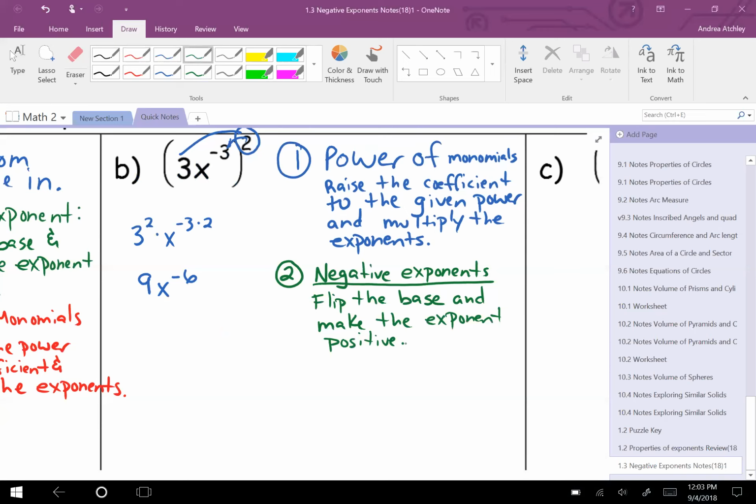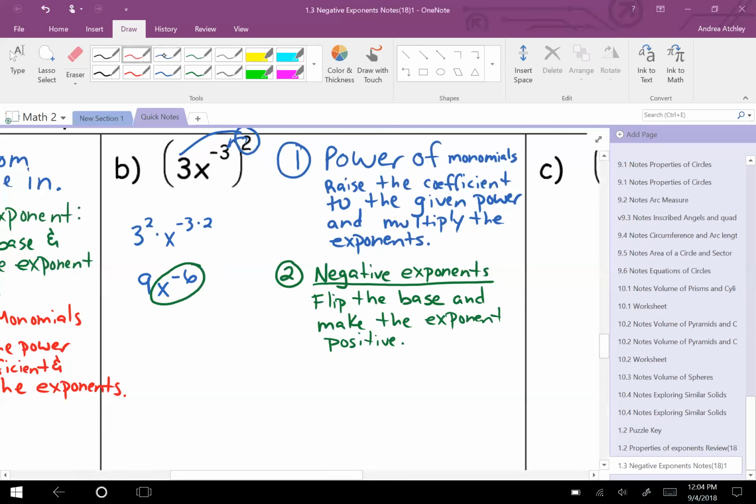Rihanna, what do we think the base is? Okay, what has the negative exponent? Just x. The base is x. So that is the only thing we're flipping. We're not flipping the 9. The 9 gets to stay where it is. The only thing that has a negative exponent is x.